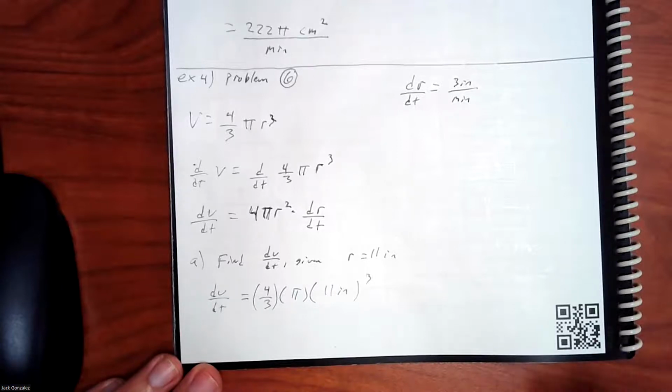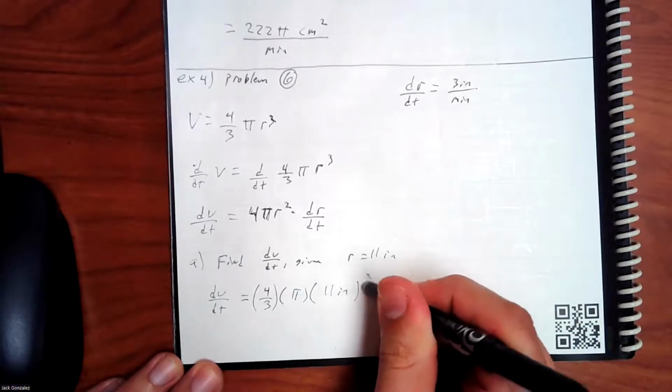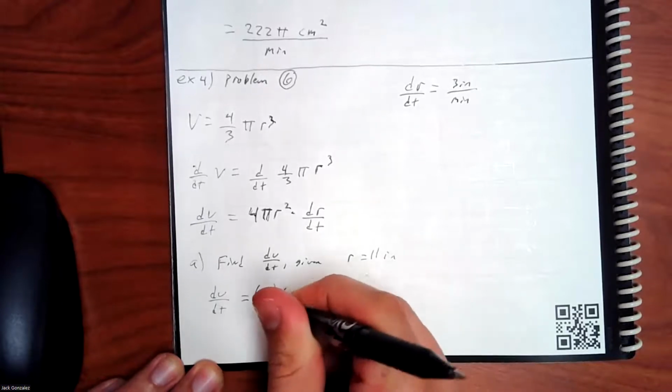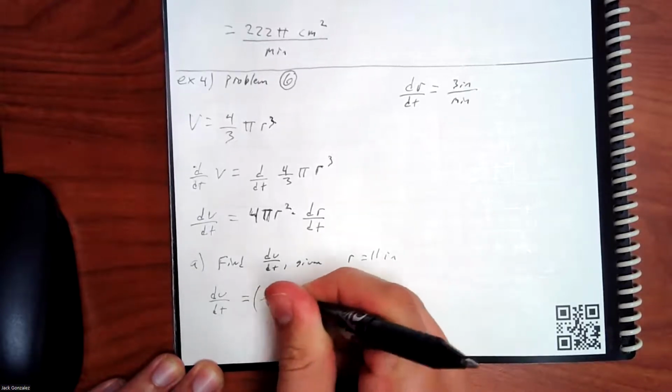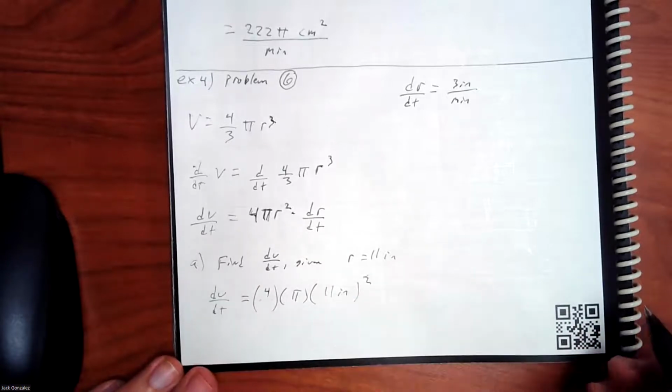What is 11 inches cubed? Wait, hold on. 1,331. My bad. I used the wrong formula. Squared. It's 121, right? I got 1,452.